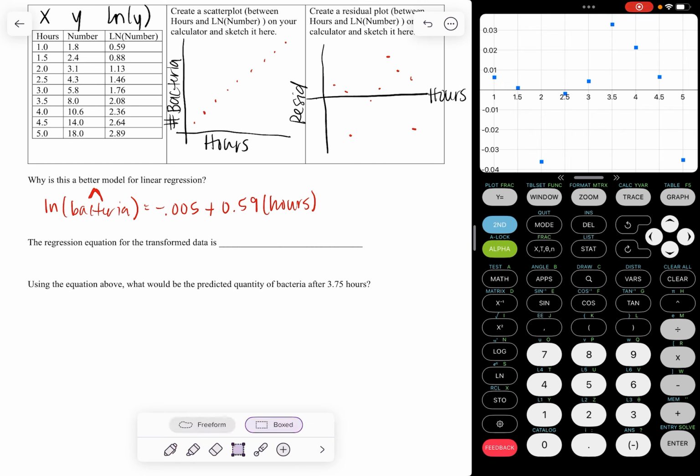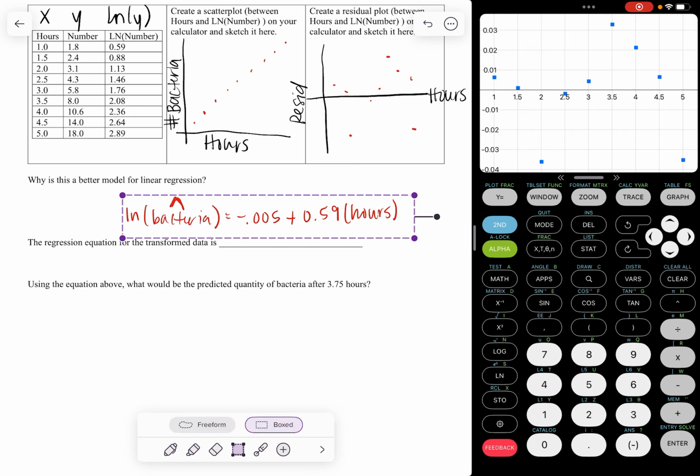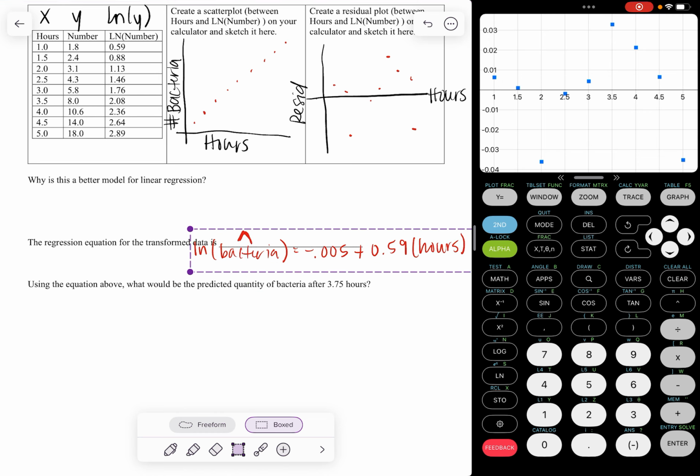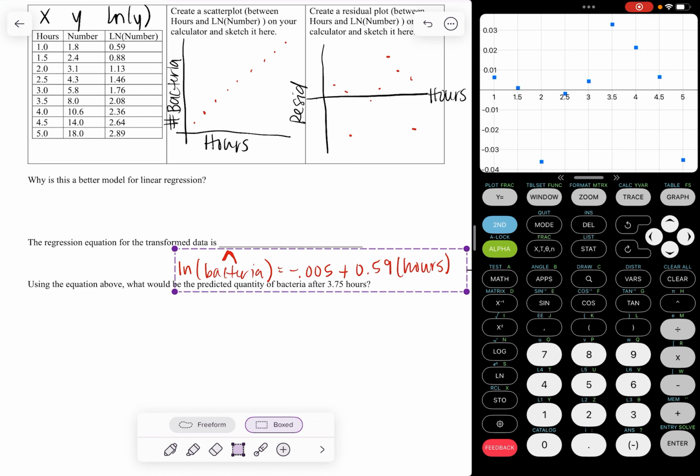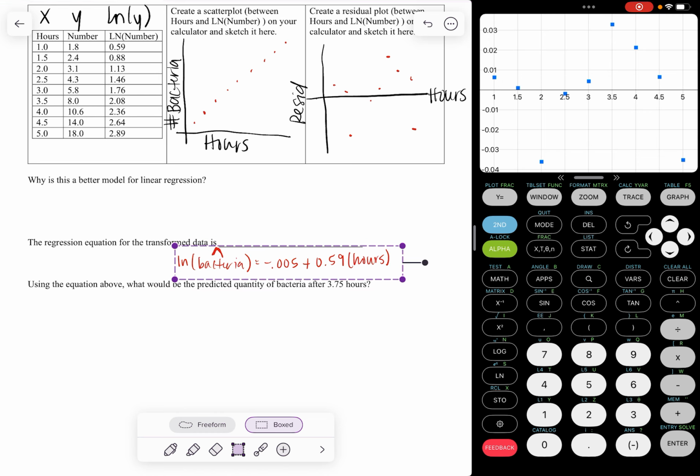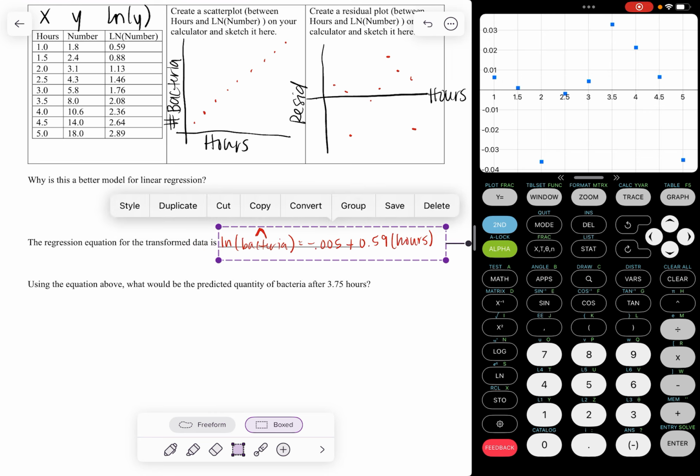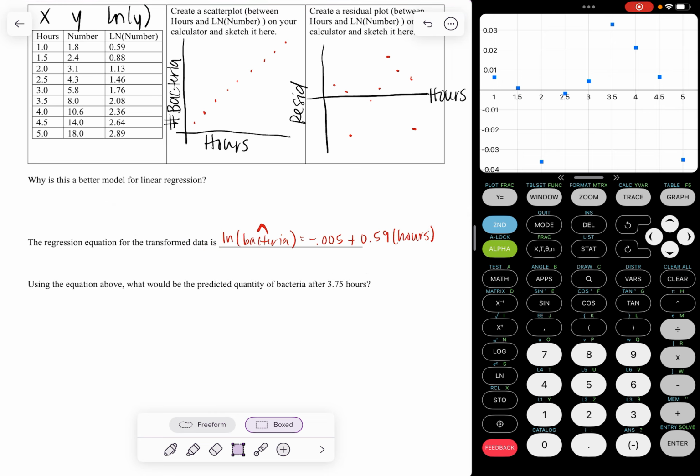Oh, I put my equation in the wrong space. Let's just drag and drop. Sorry. This is my linear regression. I'll make it smaller. There we go. ln of bacteria. So why is this a better model? So we're going to basically reverse what we said in the other statement. We're going to say the scatter plot appears to be linear.